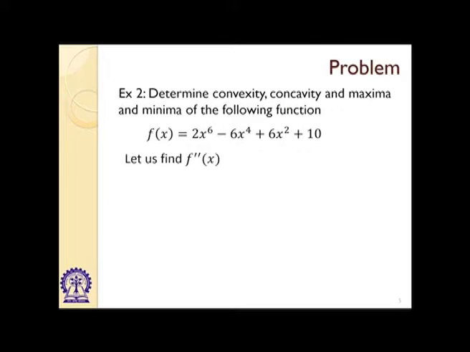Now, as we know, if f double prime x is positive, that means we are getting the convexity of the function, and if f double prime x is negative, we are getting the concavity of the function. That is why let us see what is the value for f double prime x.